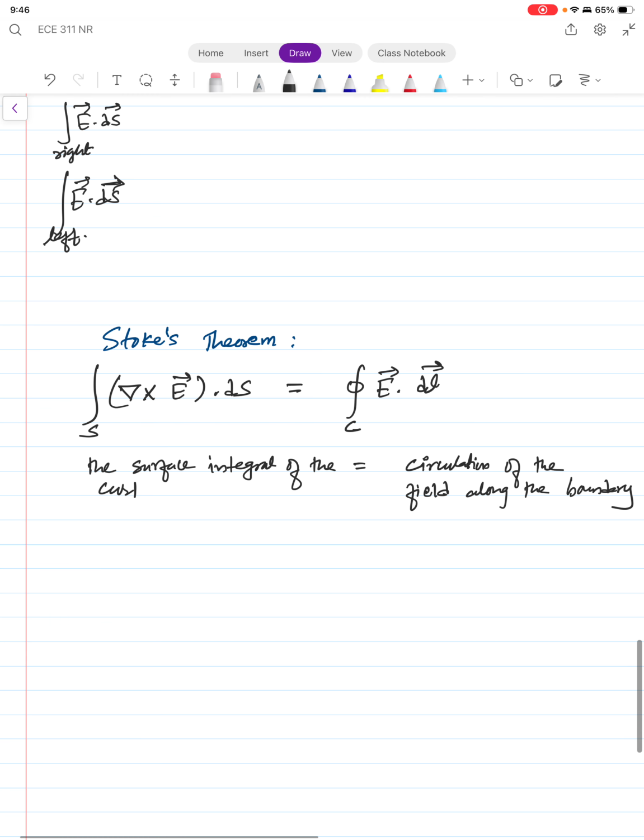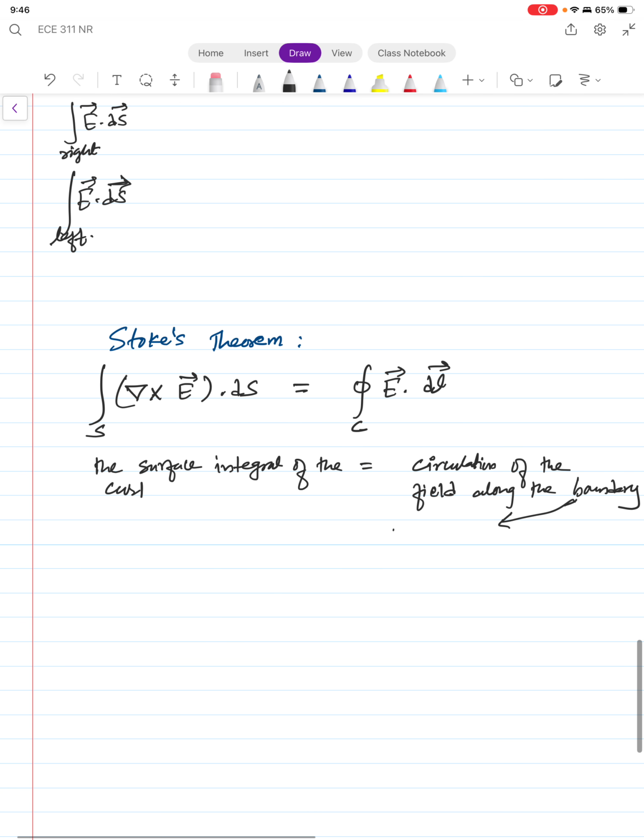And there's a catch: this boundary encloses the surface.